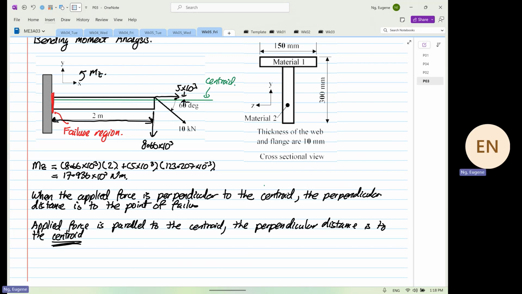It's to the centroid. A lot of students get really confused. When the applied force is what? Perpendicular to the what? To the centroid, you take the distance to the what? To the point of failure. However, if the applied force is parallel to your what? Centroid, then you take the distance towards the what? Centroid.